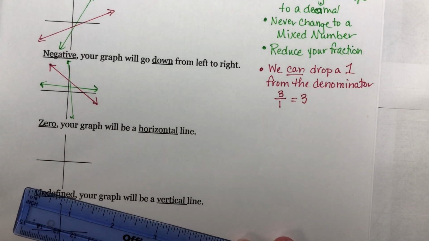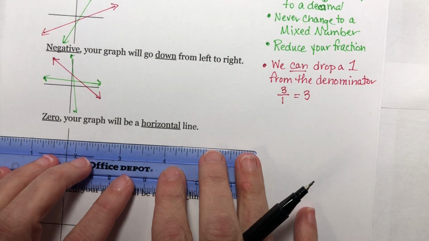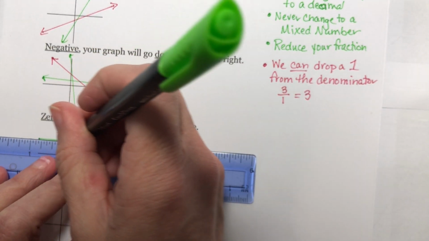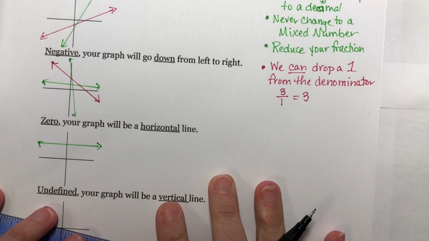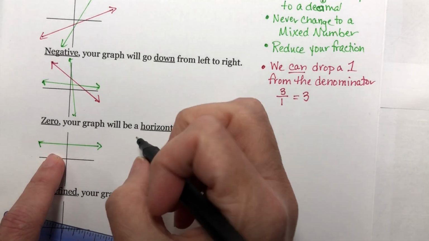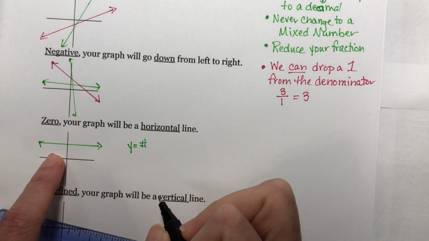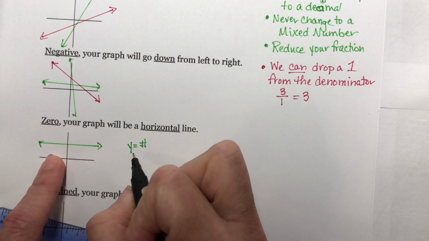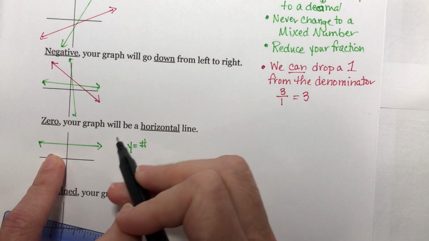Okay. Now, if your slope is 0, then you have a horizontal line. If you think about this, you can see why. Remember, if we have a horizontal line, it has the formula y equals some number. Well, that means the y value on all of your ordered pairs on this line is the same.